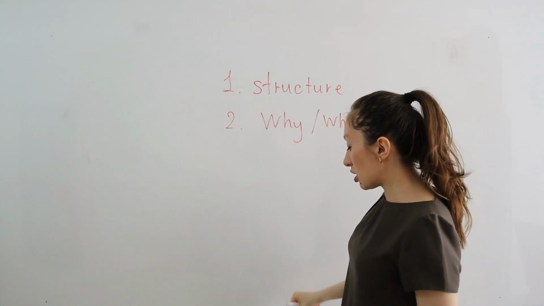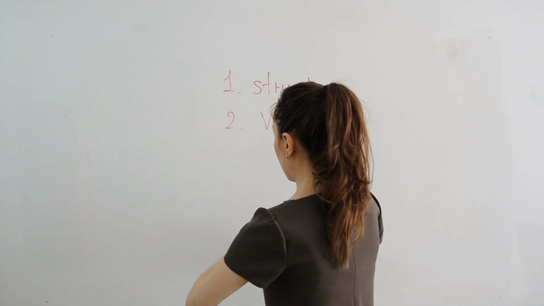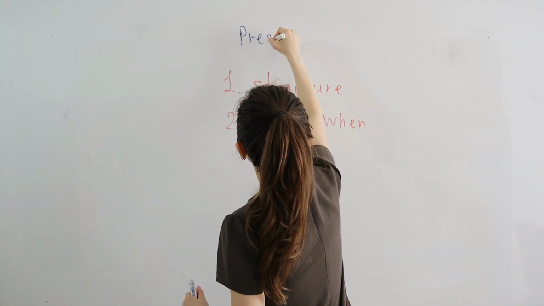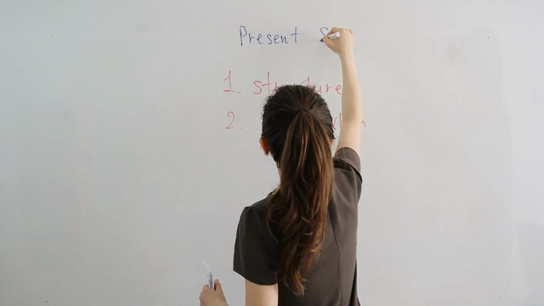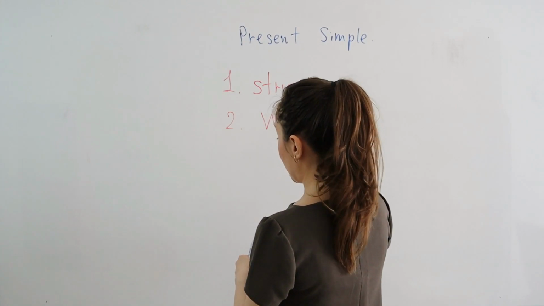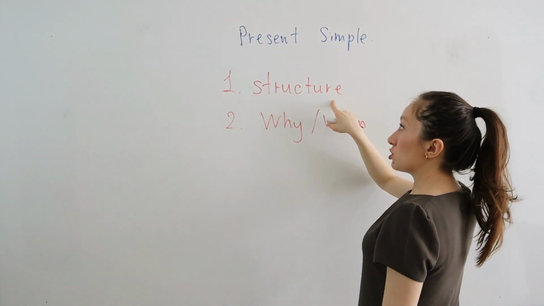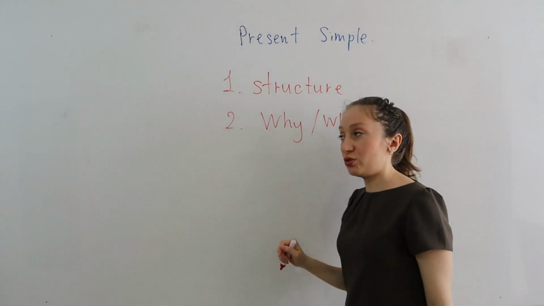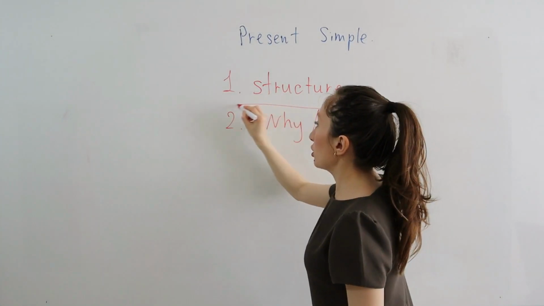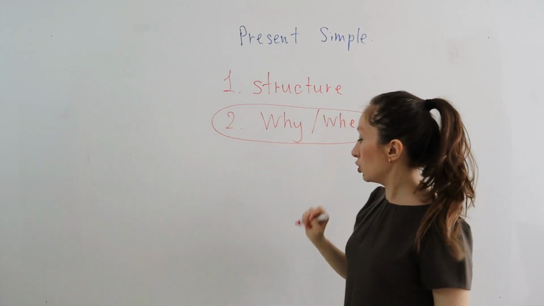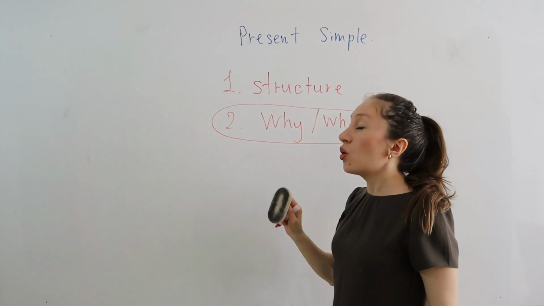So when we talk about present simple, you have to understand first the structure and why and when do we use it. So we will start with this number 2 case, right?